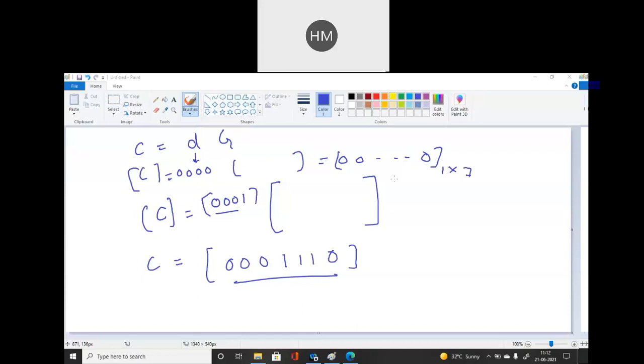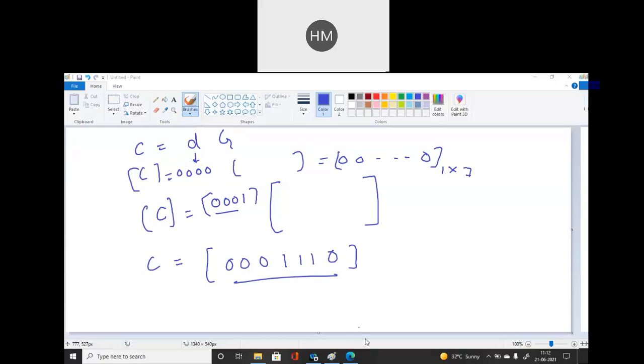Okay, Amisha also finished. Others? Okay, so this is the second code word generated, student.